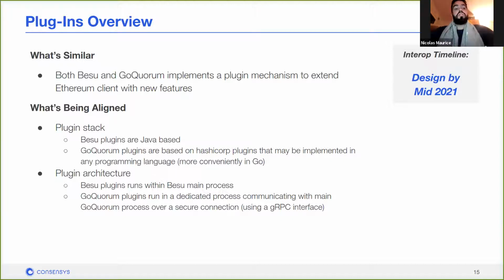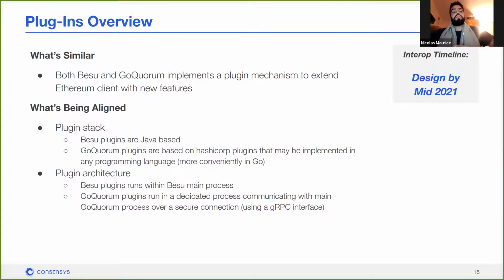In terms of stack, Besu plugins are Java-based, while GoQuorum plugins are based on HashiCorp plugins, which may be implemented in any programming language. In fact, there are a lot of libraries written in Go, which make it probably more convenient to implement in Go, but theoretically, it can be implemented in any programming language.